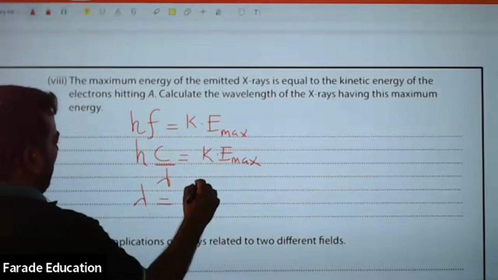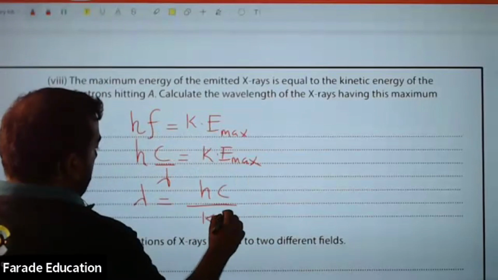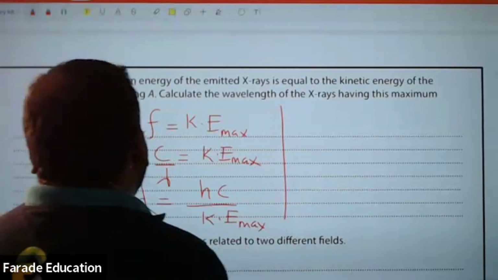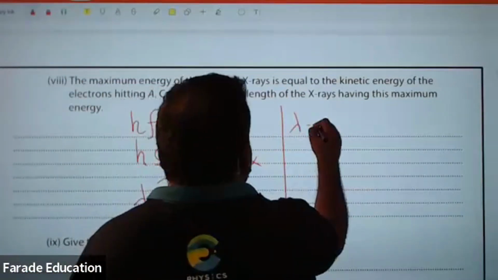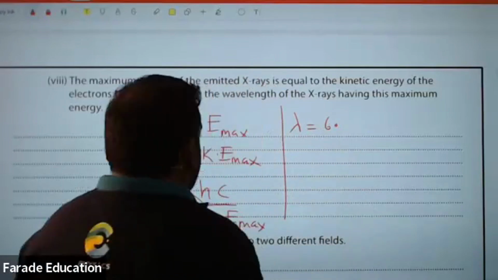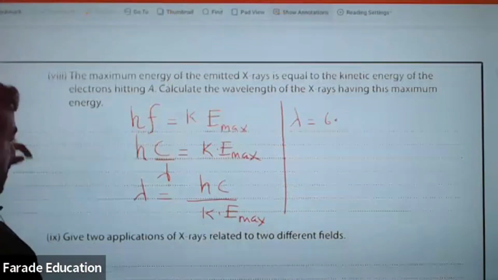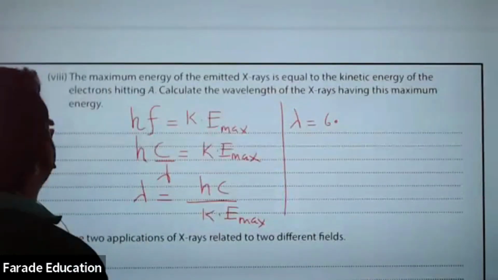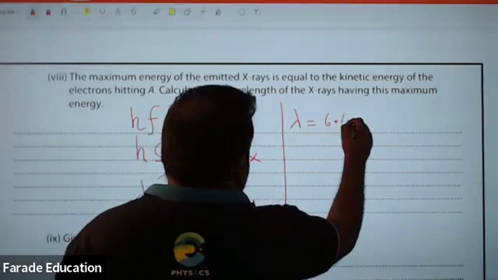So lambda is hc divided by KE max. H is given: 6.6 × 10^-34.